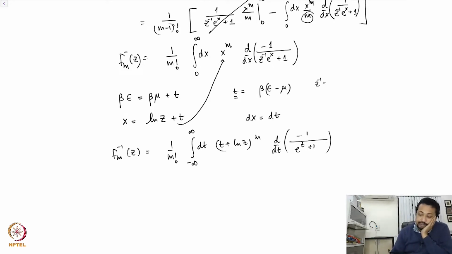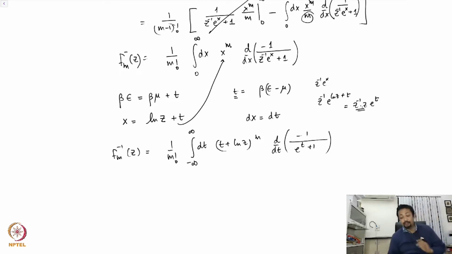Z inverse e to the power x: z is e to the power beta mu, and x is ln z plus t, so you are going to have e to the power ln z plus t, which is z inverse times z times e to the power t, my mistake, and z inverse times z is 1, therefore you have e to the power t plus 1.